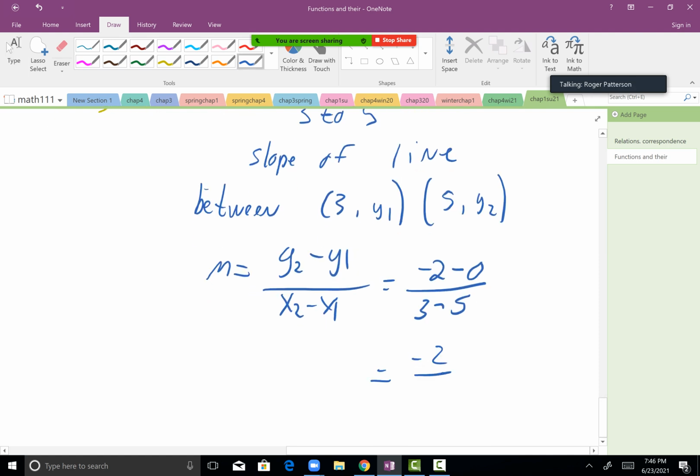So that'd be -2 over -2. How about that? Which is just 1. So that would be the average rate of change.